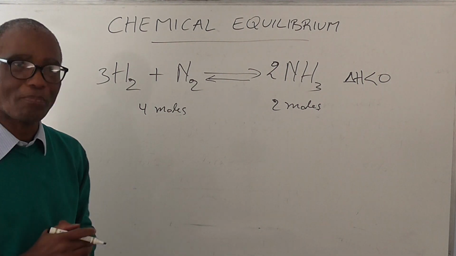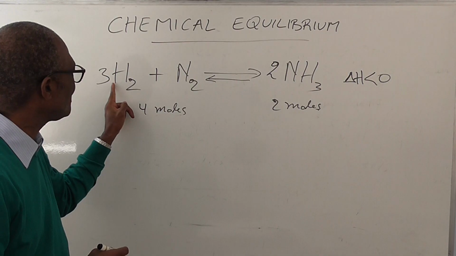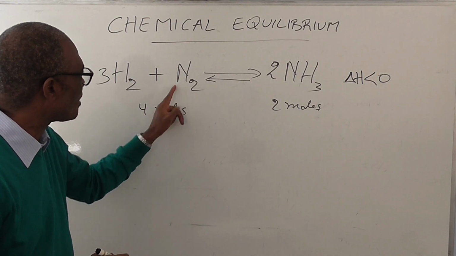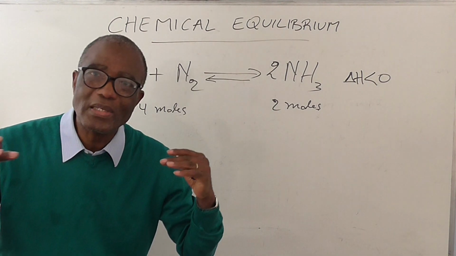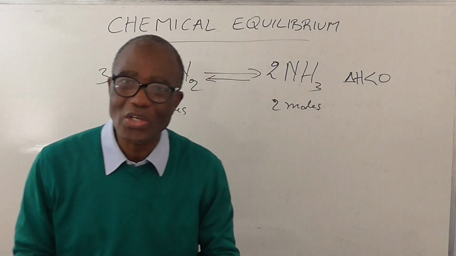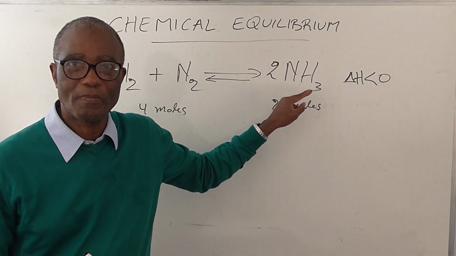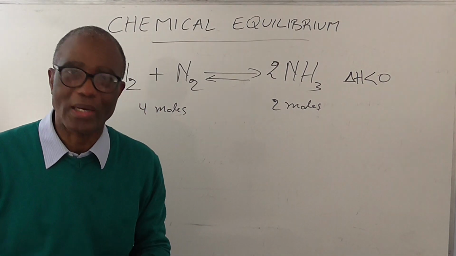If we increase the pressure here, look, we have 3 moles and 1 mole, that makes 4, and over there 2. If we increase the pressure, the equilibrium shifts to the right. Okay? The equilibrium shifts to the right.